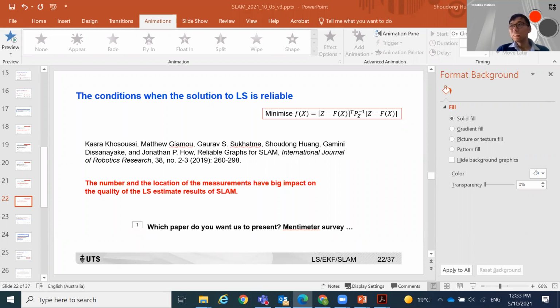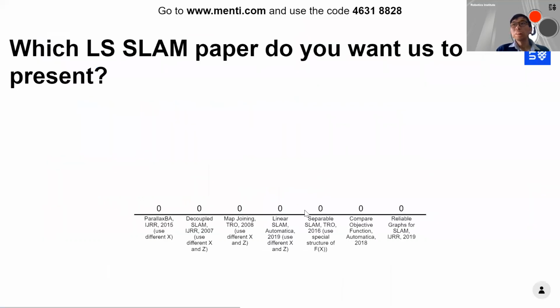And I have another question on Mentimeter. If you log in there, you will see this page. So we have parallax BA, which is using different X, and the decoupled SLAM using different X and Z. Can you see this page?